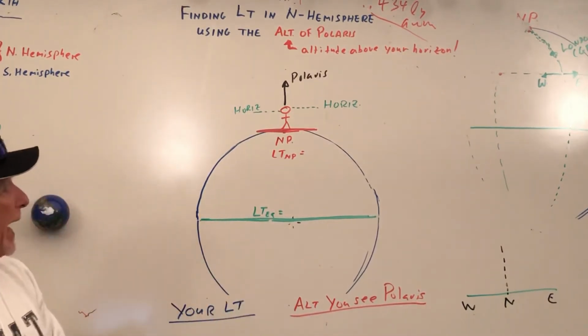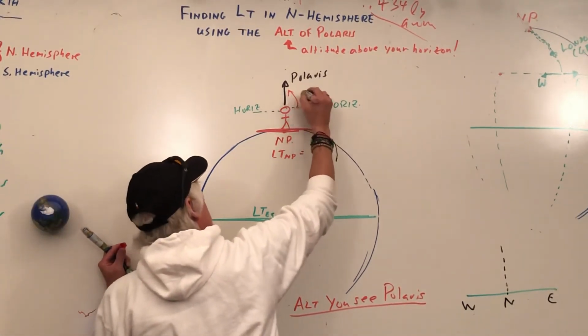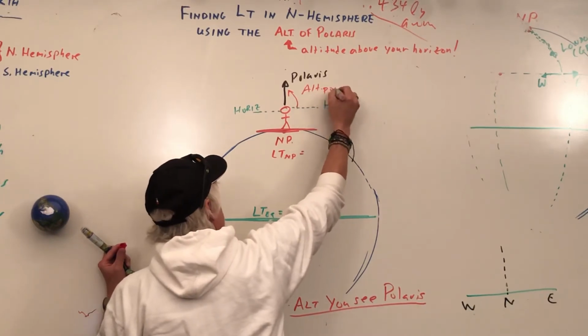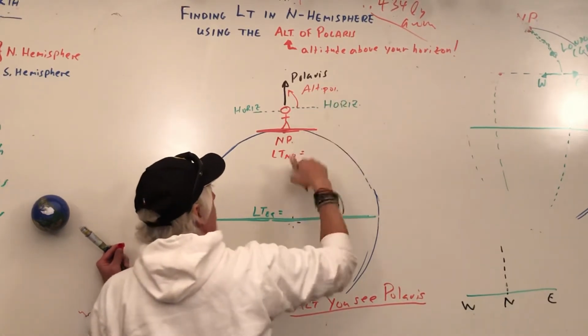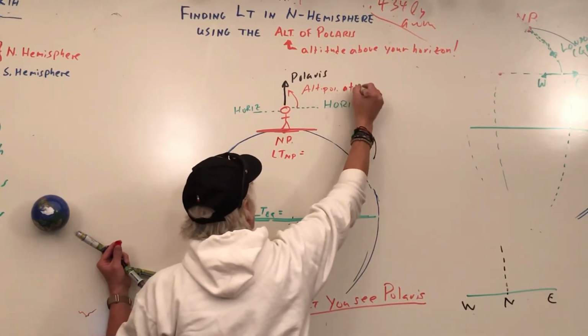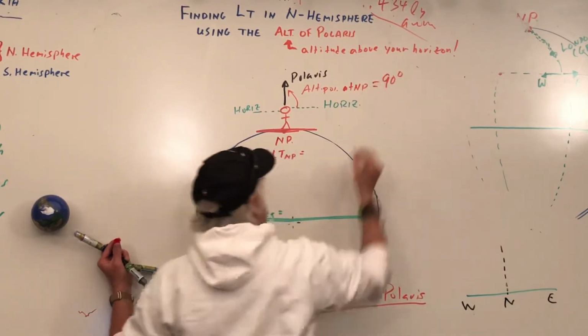So what is the altitude of Polaris when you're at the North Pole? It is 90 degrees, right?